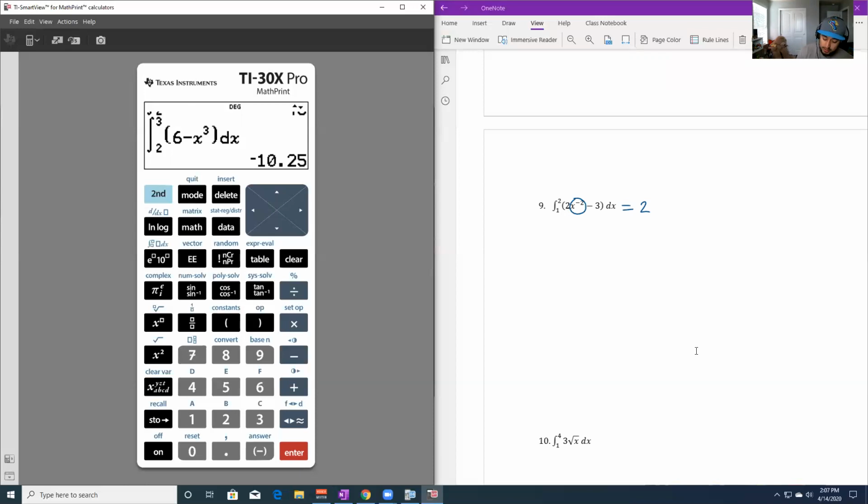If you power rule that, you'll get x to the negative 1 over negative 1, minus the antiderivative of 3, which is 3x. Okay, and you are evaluating this from 1 to 2.